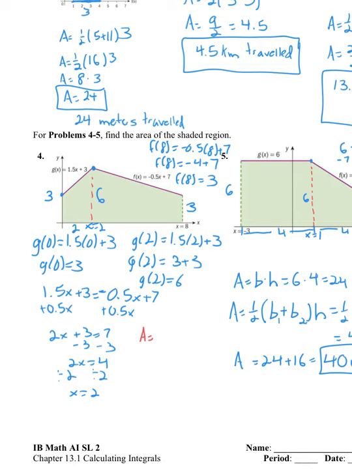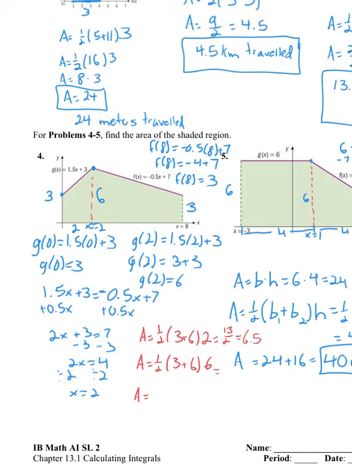And then the first trapezoid, 1/2 times 3 plus 6 times 2. The second area, 1/2 times 3 plus 6 times 6. And the first one's going to be 9/2 plus 2, 13/2, just 6.5.